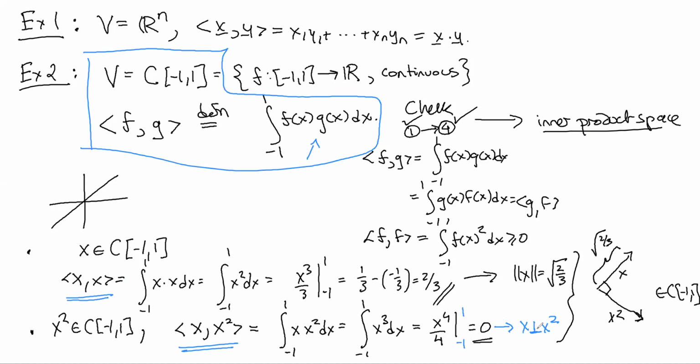Geometrically, you have to make a picture in your mind. I'm asking you to make a new kind of picture in your mind of functions. They're sitting in some vector space and they're orthogonal, a right 90-degree angle between these functions.